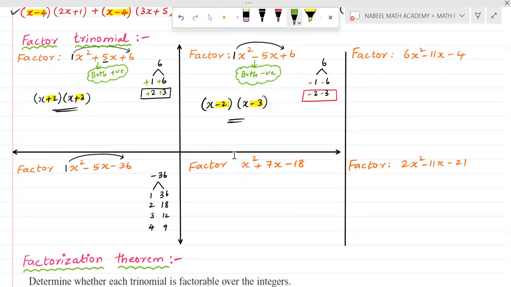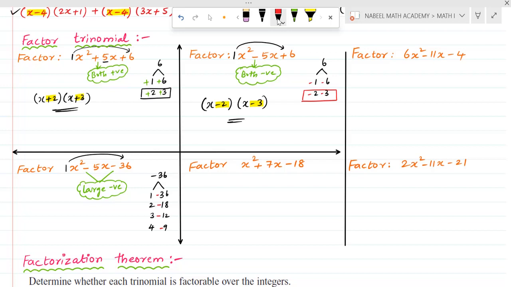Whenever the middle term and the constant term are minus, the bigger number is minus. So according to that, the bigger number of these two is 36, of these two is 18, of these two is 12, and here 9.